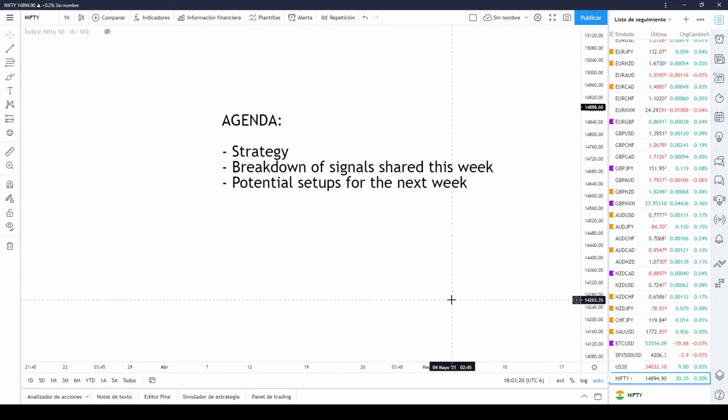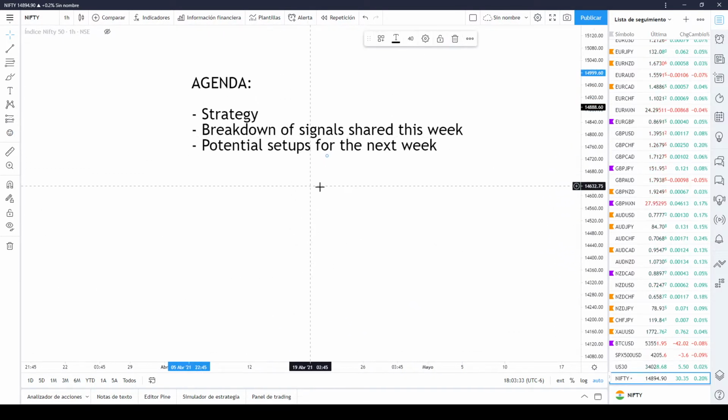For those who haven't watched the video about my strategy, I'll give you a little overview about how I see the market and how I trade using supply and demand, which is pretty much the same thing as order blocks. It's pretty much the same thing.